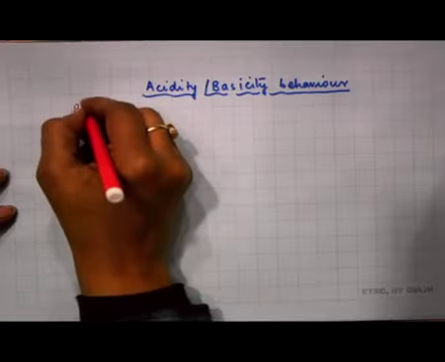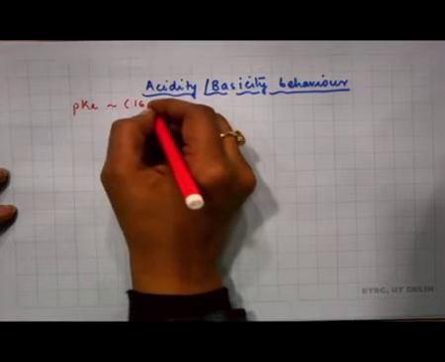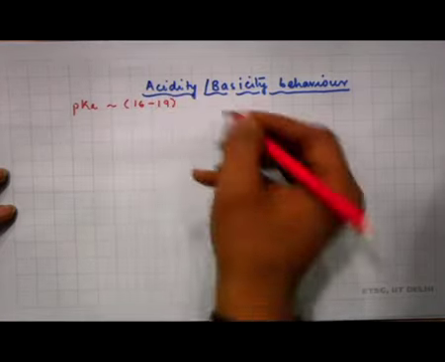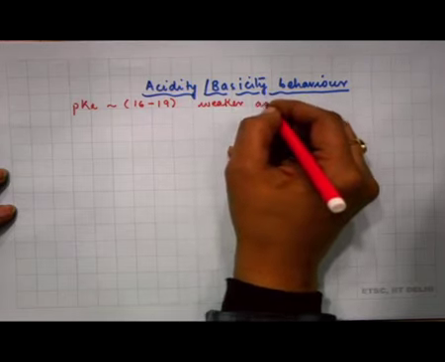The pKa values of the alcohols roughly fall in the range 16 to 19, which tells us that they are weaker acids than water.